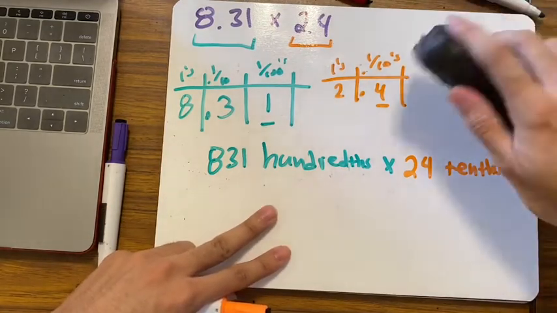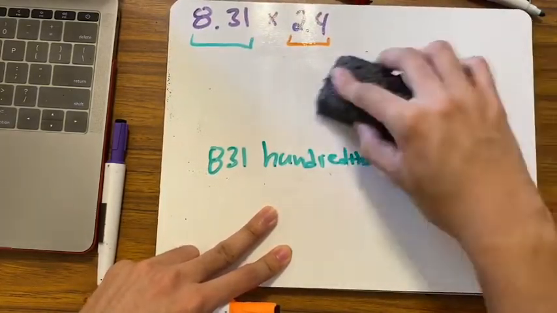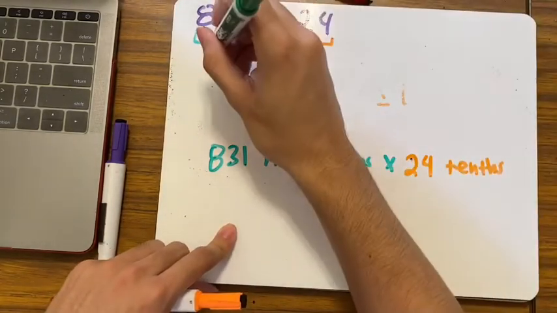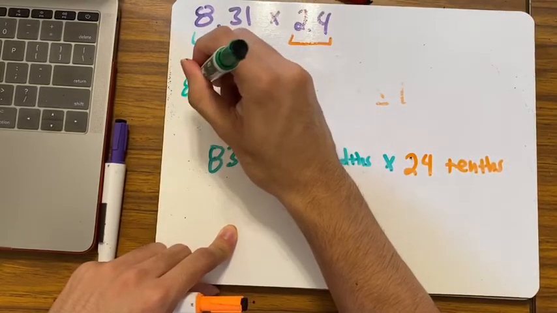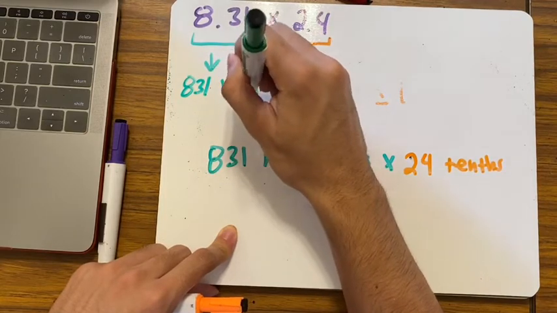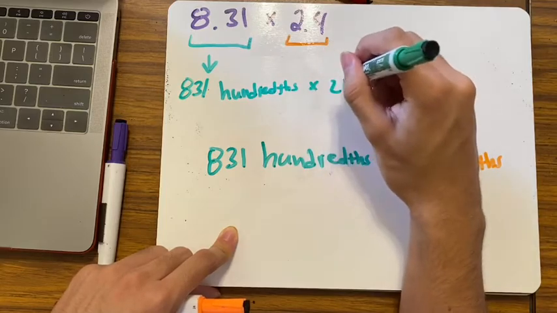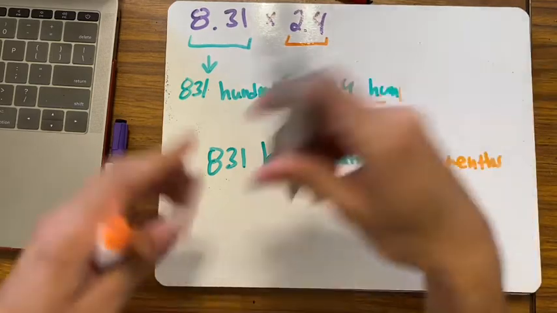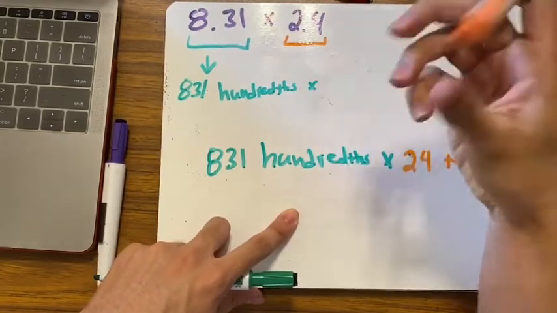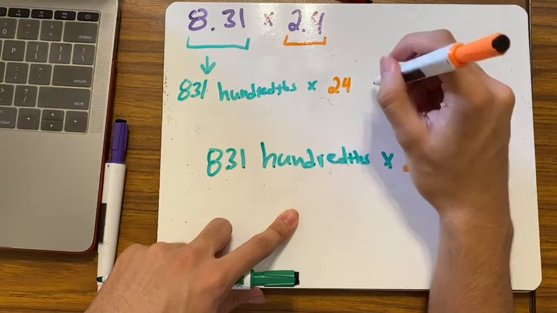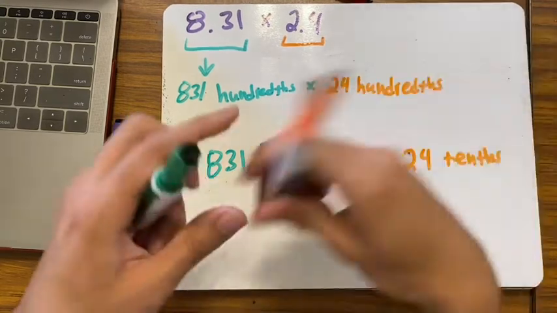And you know what? I'm just going to erase that. And I'm going to write it up here. Times 24 hundredths. Oh, let me do that in a different color. All right.